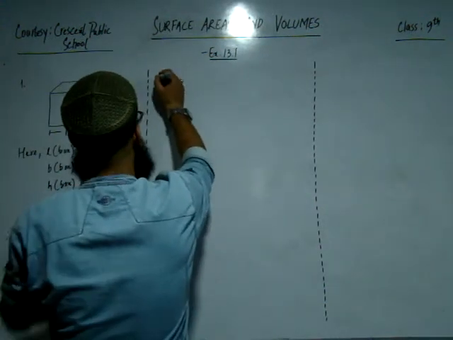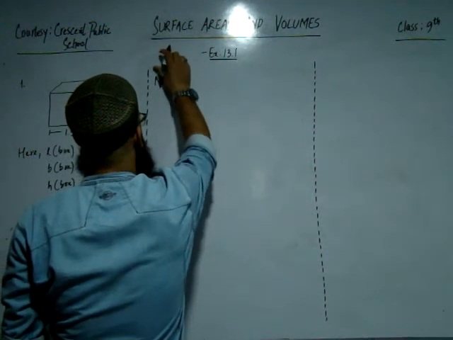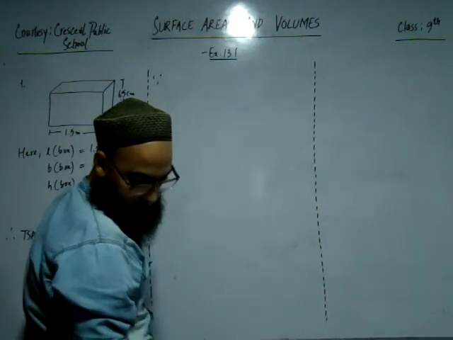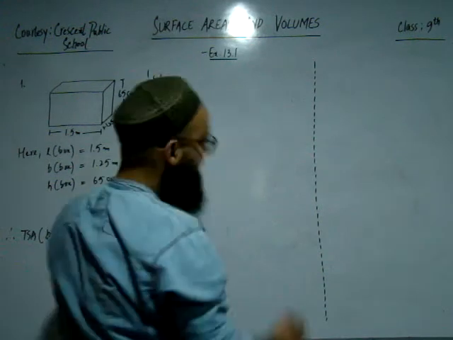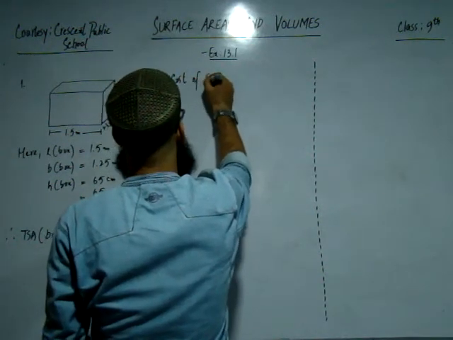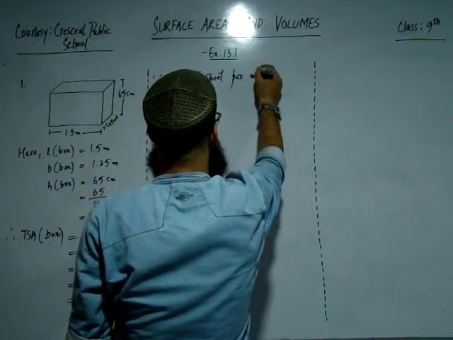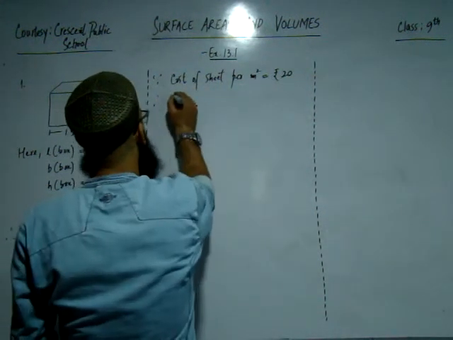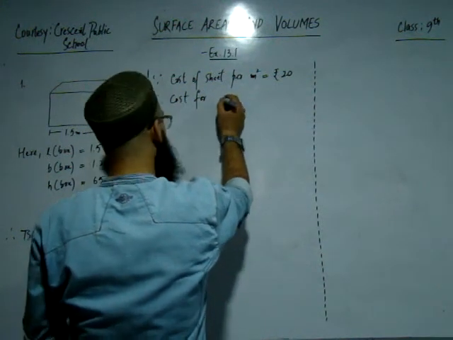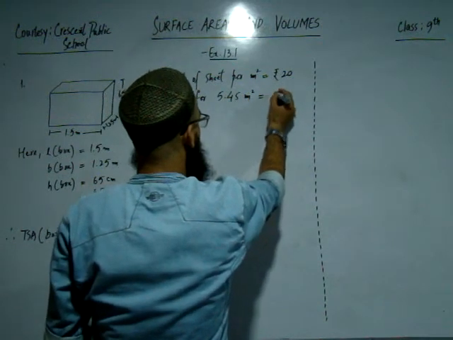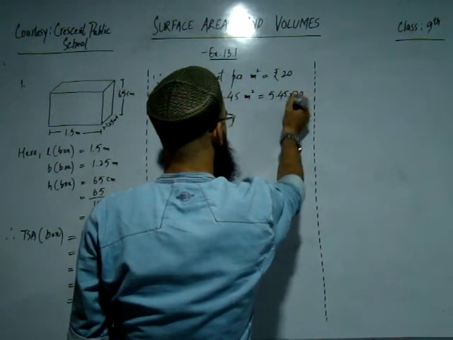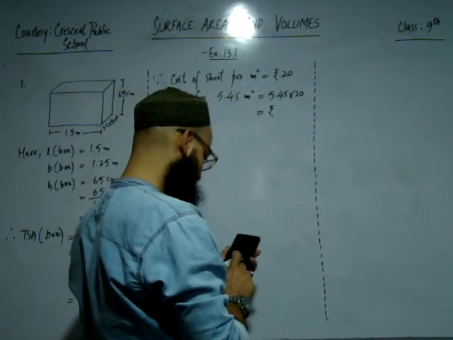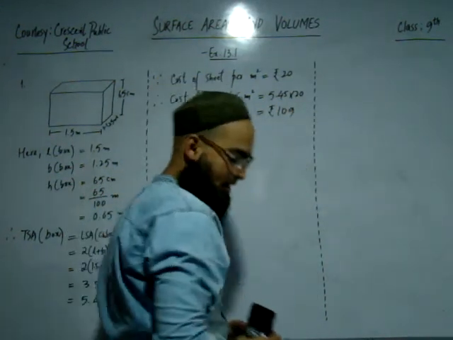So since cost of sheet per square meter is rupees 20, therefore cost for 5.45 square meter will be 5.45 times 20, and I'll do the multiplication, that's 109. So 109. That's your answer.